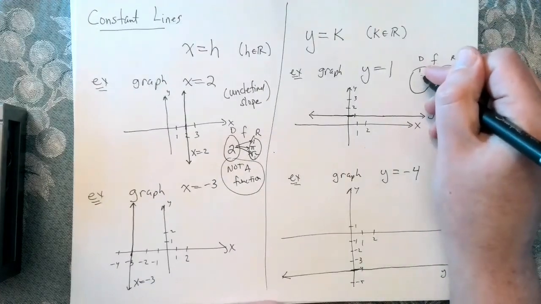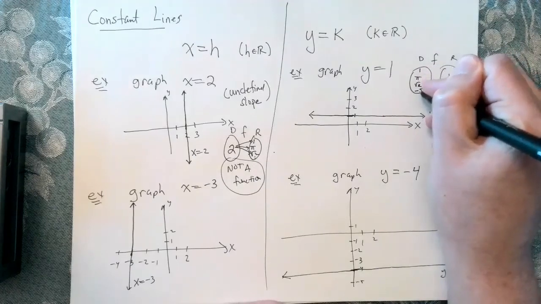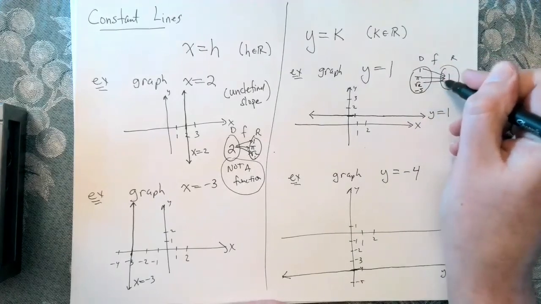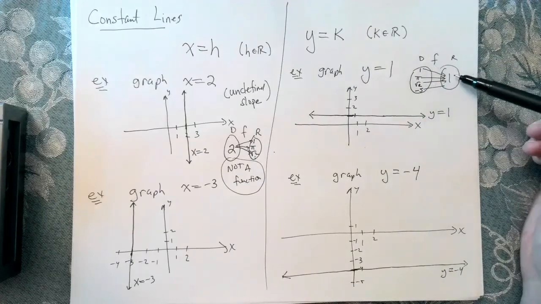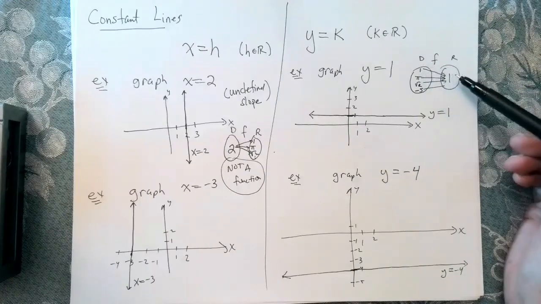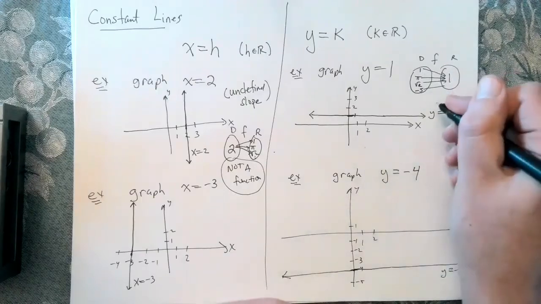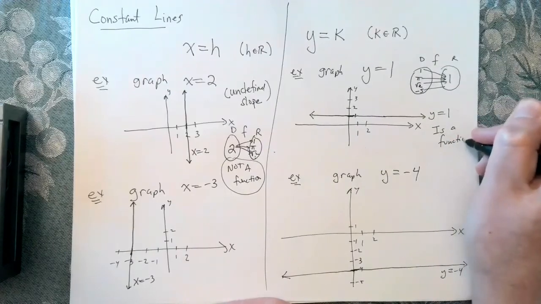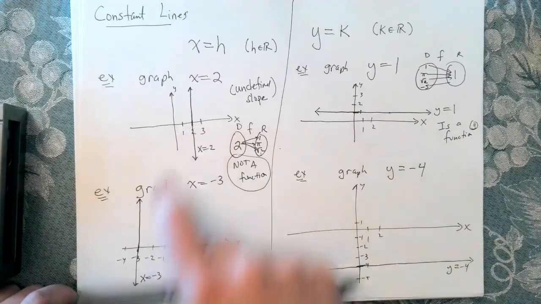But I've got, again, maybe 1, pi, radical 2, -5, etc. Well, this doesn't break the definition of function, right? So every number in here goes to exactly one unique place here. 1 doesn't go to 5 places. 1 doesn't go to 2 places. It goes to one unique place. So 1 maps to 1. Pi maps to 1. Radical 2 maps to 1, etc. So this is a function. Functions, not functions.